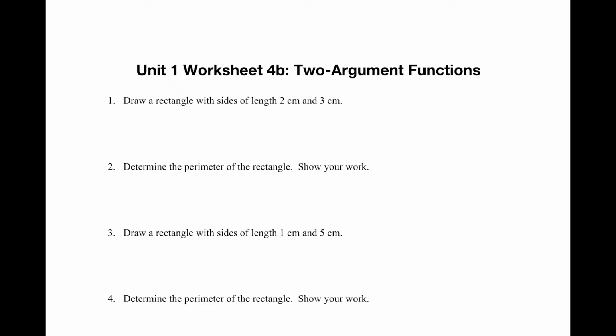All right, so this is Unit 1, Worksheet 4B, 2 argument functions. If you remember, circle had 3 arguments: size, whether it's solid or outline, and the last one was color. So circle was 3 arguments.